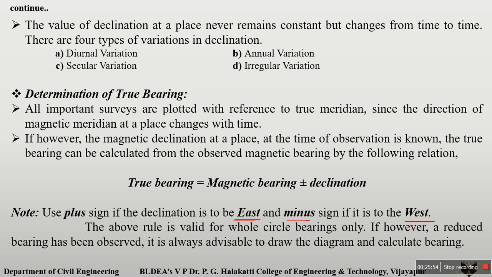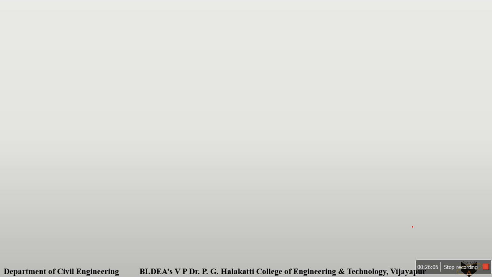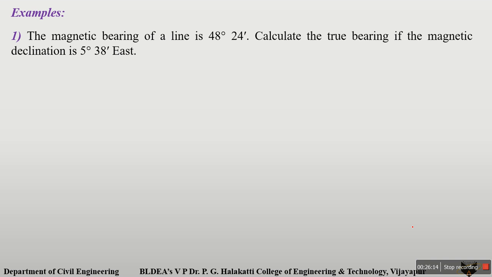Then with the bearing in the reduced bearing system, you have to calculate the true bearing from the diagram. So we will solve one or two examples for calculation of the declination. First example: the magnetic bearing of a line is 48 degree 24 minutes. Calculate the true bearing if the magnetic declination is 5 degree 38 minutes east.